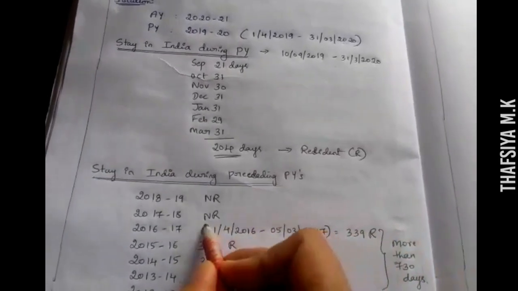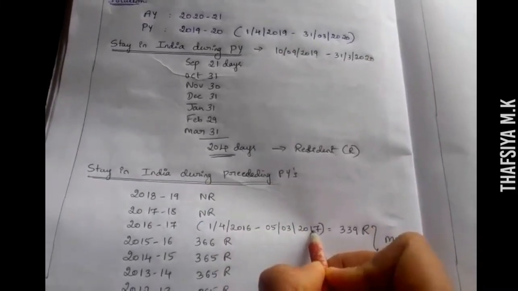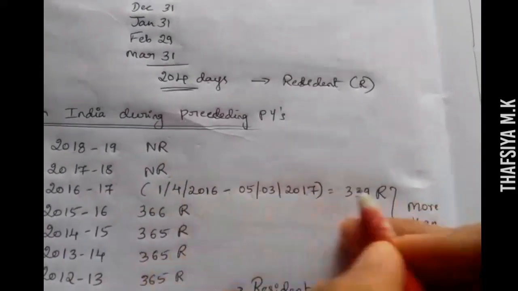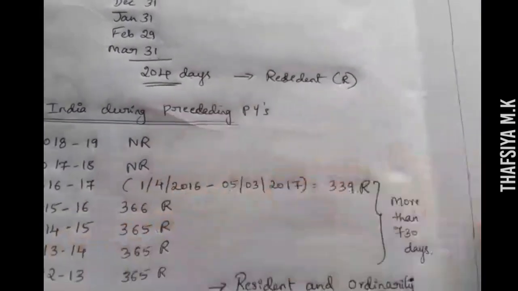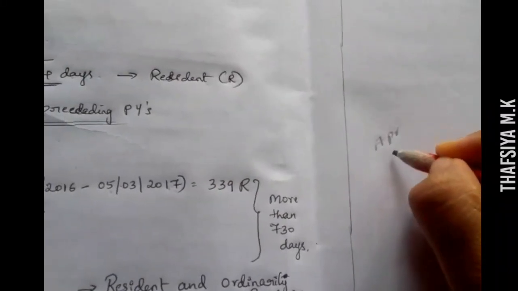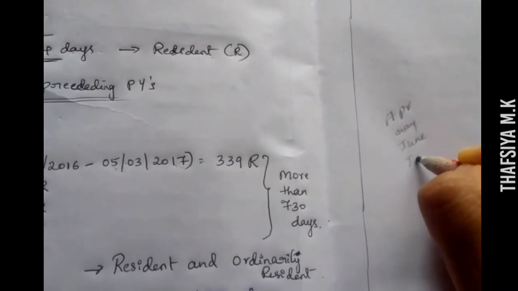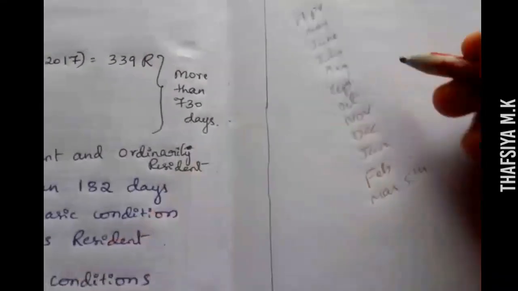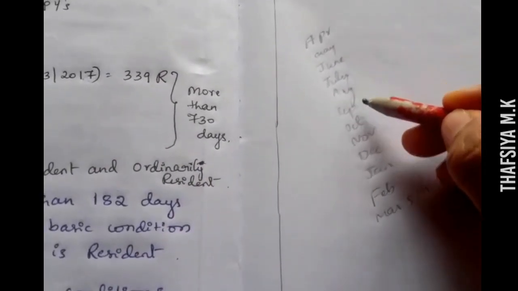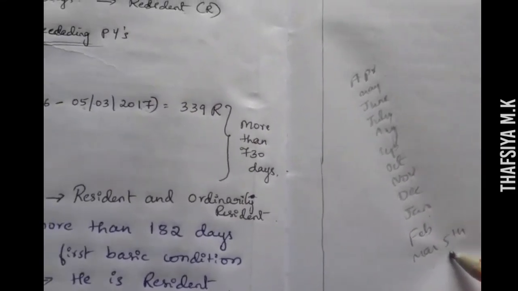So here in 2016-17 we have to calculate the days. In the 2016-17 year, how many days was he resident? Starting from 1/4/2016, in April he was in India. April, May, June, July, August, September, October, November, December, January, February, March, till March 5th we have to take.